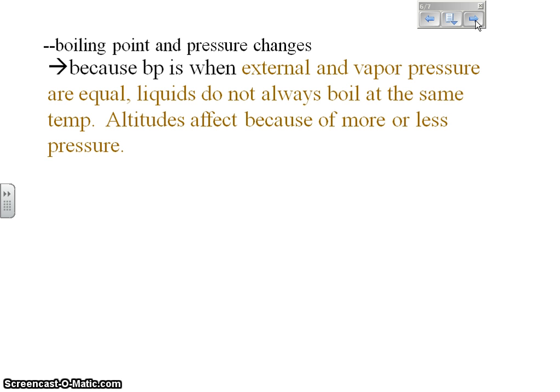But it is not due to the fact that the thermometer is not working correctly. It is due to the fact that we are not at sea level. At sea level is where water will boil at 100 degrees Celsius. Farwell's at about 1,000 feet, and since it's at about 1,000 feet, it will boil at a little bit less than 100. As you go up in altitude, it will require less energy to boil the water. Okay?